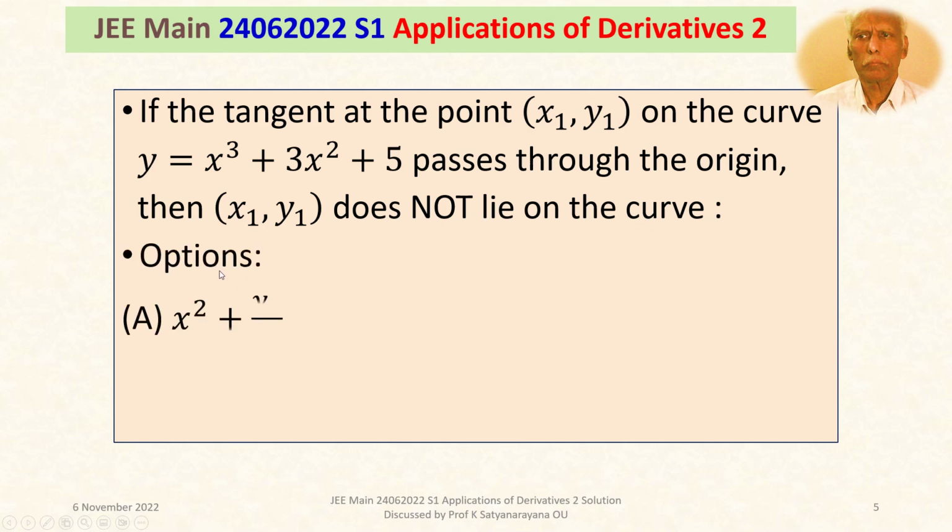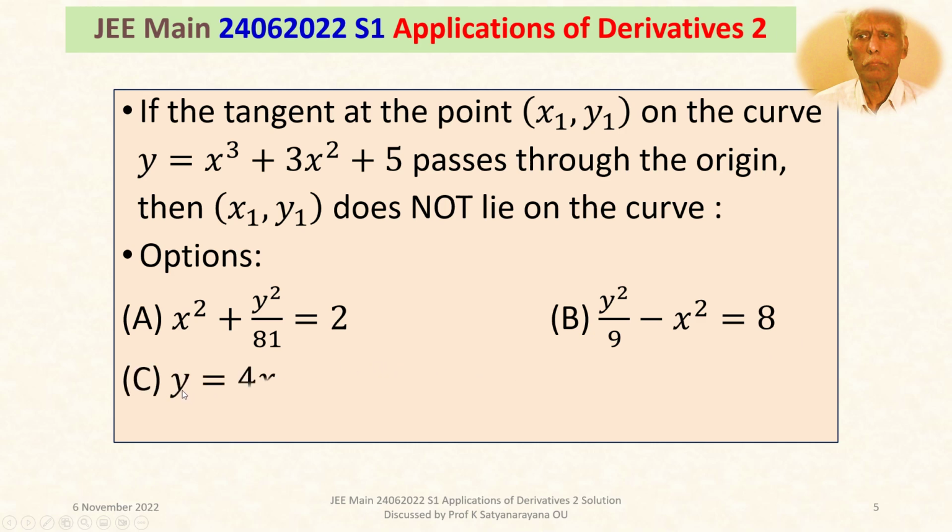We are given four options. Option A, x square plus y square by 81 is equal to 2. Option B, y square by 9 minus x square is equal to 8. Option C, y is equal to 4x square plus 5. Option D, x by 3 minus y square is equal to 2.